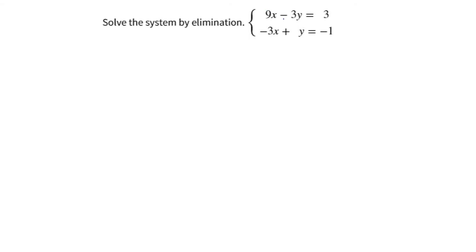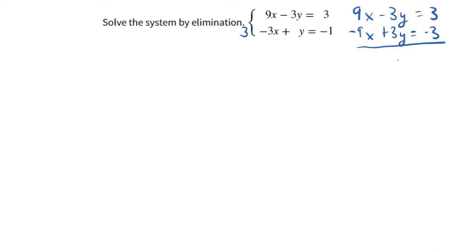And you can choose a lot of times, depending on the coefficients, which one you want to get rid of. In this case, and I'm doing this problem to illustrate something, let's multiply 3 through the bottom equation, okay? I'm just going to rewrite the top equation over here. Now let's multiply 3 through the bottom, and it gives me negative 9x plus 3y equals negative 3.